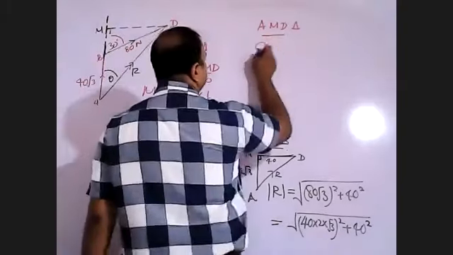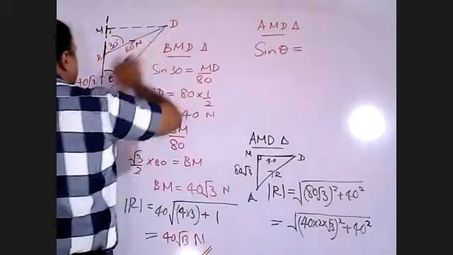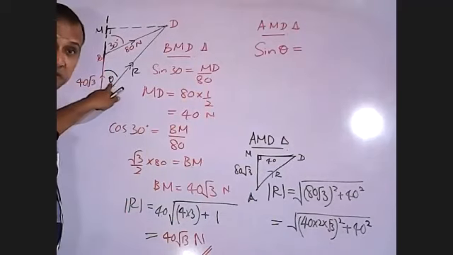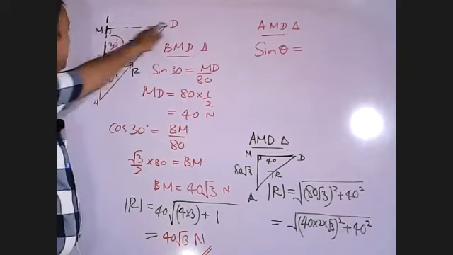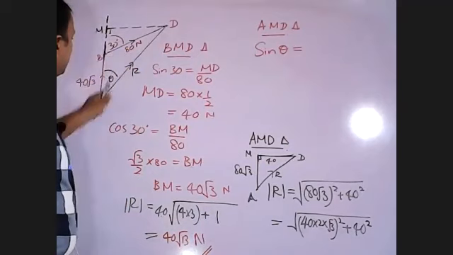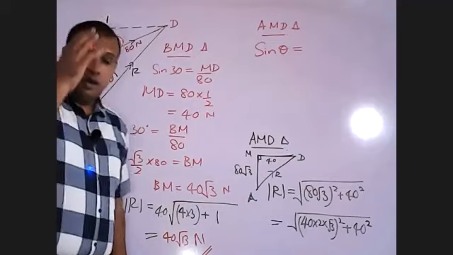Suppose I use sine theta. Sine theta is equal to the opposite side. What is the opposite side to this angle? It is MD, because I am using triangle AMD.